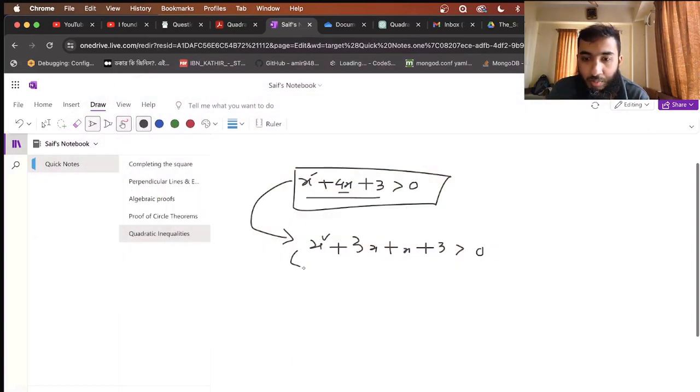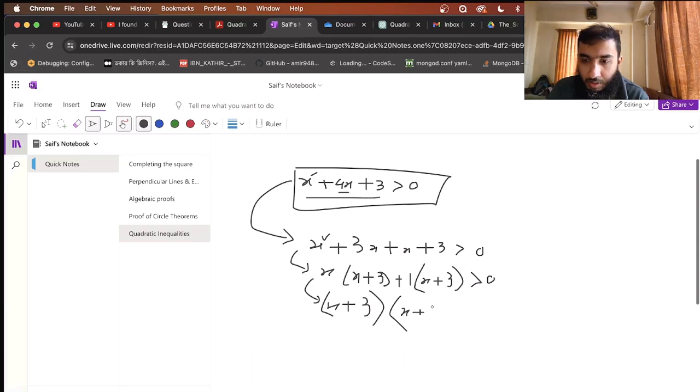Or this can also be simplified as x multiplied by x plus 3 plus 1 multiplied by x plus 3 is greater than 0. Or this can also be simplified as x plus 3 and x plus 1 is greater than 0.